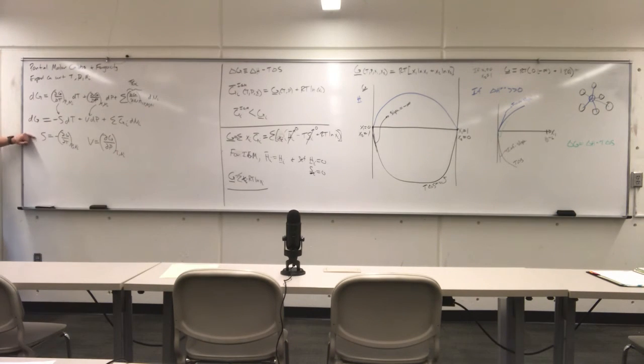So this is very similar to what we did at the start of the class. You also had a homework problem on effectively doing exactly the same thing, deriving identities for open systems.